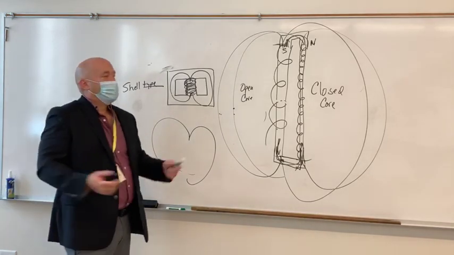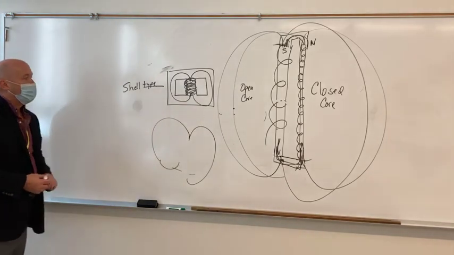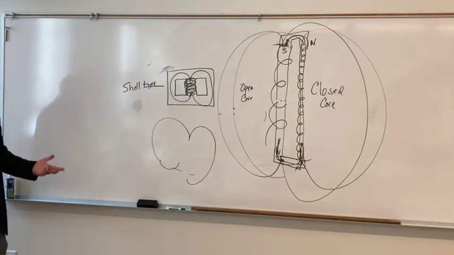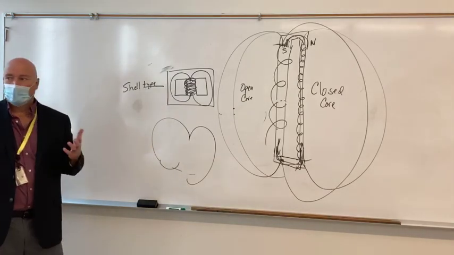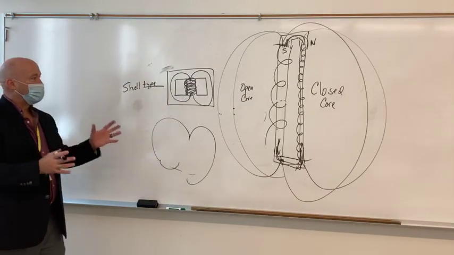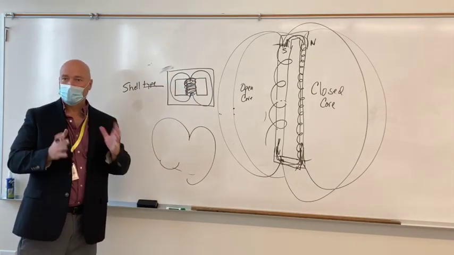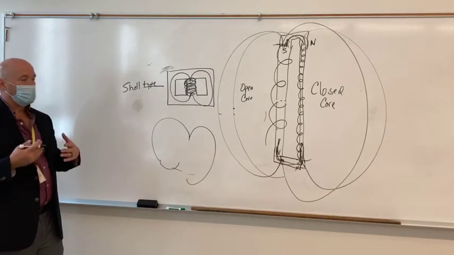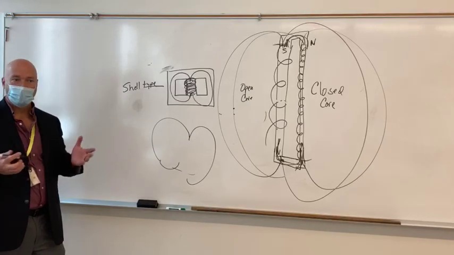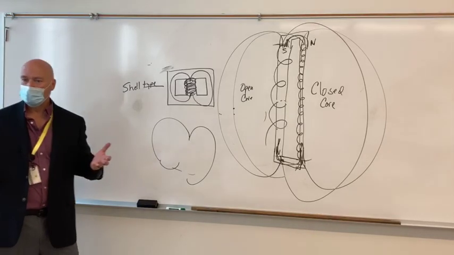So, but shell type's most efficient, and what you may read in the textbook is that it's not just a single piece of metal, but what they call a laminated core. And a laminated core, for whatever reason, helps with eddy currents. And you know what plywood is, right?